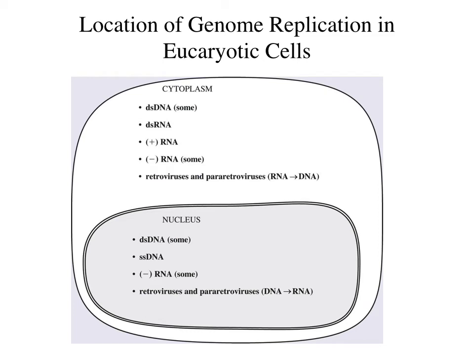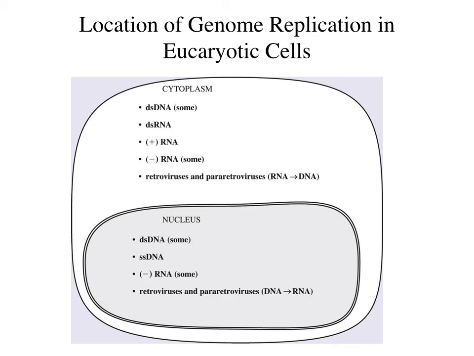When viruses infect eukaryotic cells, the genomes of some are delivered to the cytoplasm and some are conveyed to the nucleus. The destination of a virus genome, and hence the location in which it is replicated, varies with the type of genome and the type of virus. The genomes of most DNA viruses are replicated in the nucleus, but some double-stranded DNA viruses are replicated in the cytoplasm.